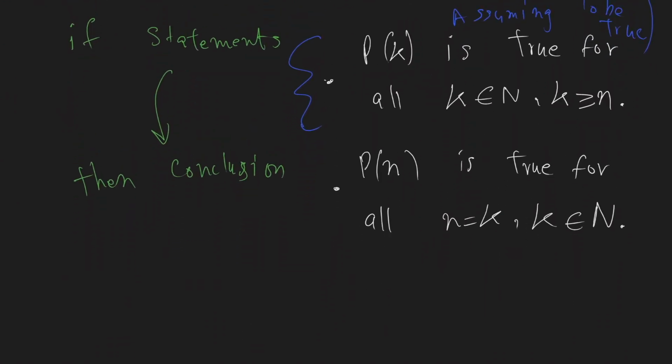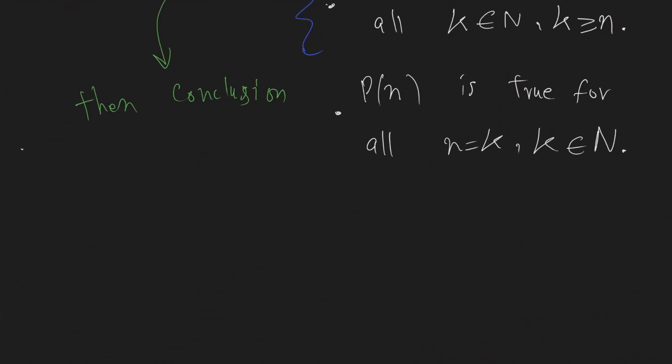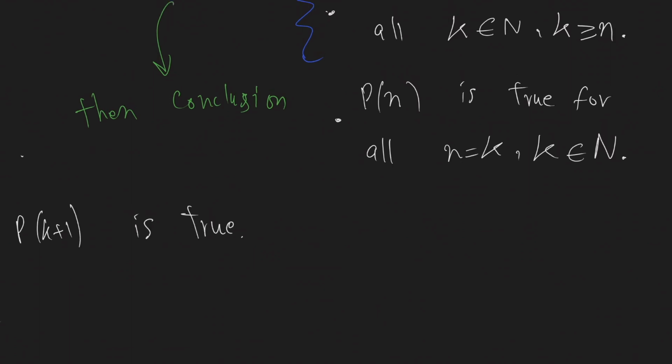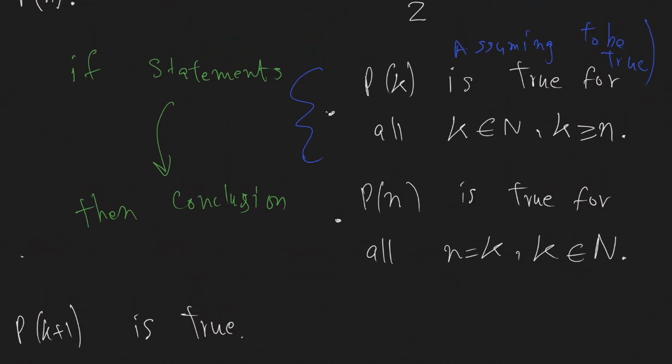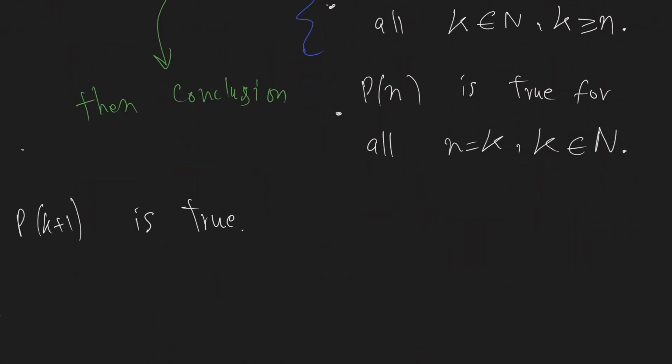Now we must deduce a conclusion. Now the conclusion we're trying to deduce here is that Pk plus 1 is true. And the reason why we want to deduce this conclusion will be clear in a minute. So we've assumed that Pk is true for all k in the set of natural numbers. And now we're trying to deduce from this truth that Pk plus 1 has to be true as well.